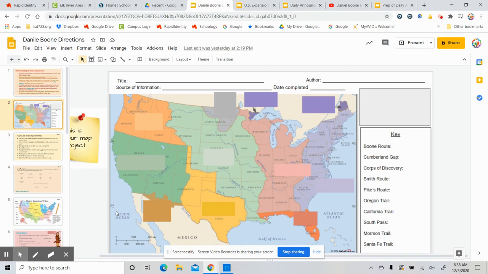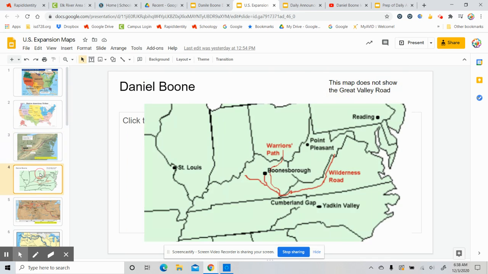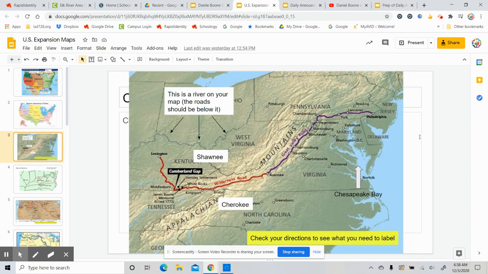First of all, you have a link to some maps to help you find this, and they look like this. Okay, and here's his route. I just showed you this a minute ago, and there's 2 maps actually in there that show his route, but I want to show you how you can find this on your map.